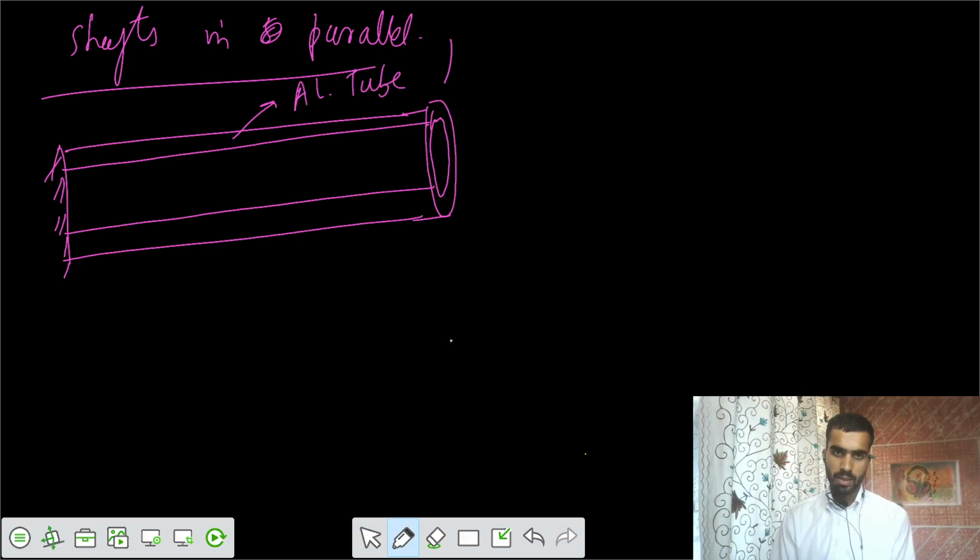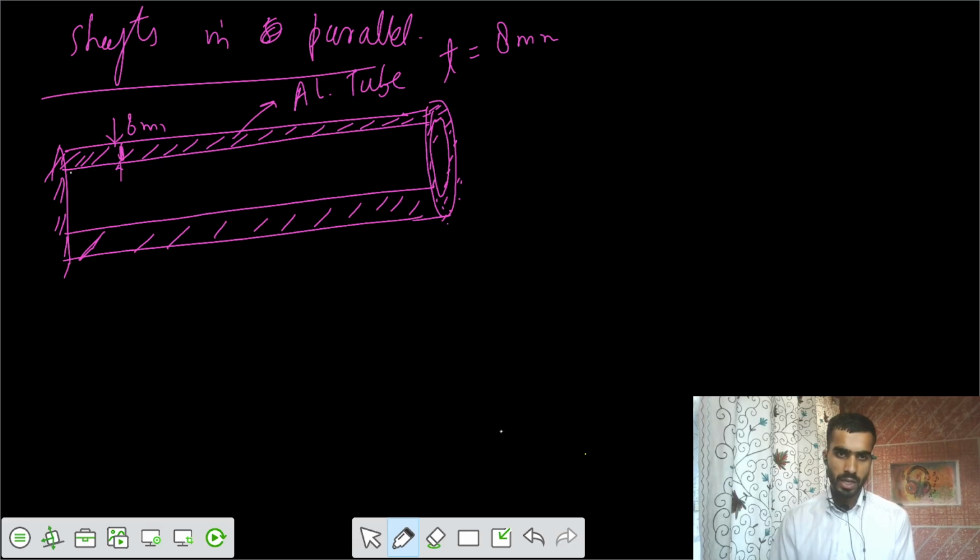So the tube thickness is equal to 8 millimeter. This is 8 millimeter thickness. Let's say this is aluminum. And from the bottom also, this is aluminum. And inside we have kept a steel rod, or we can say steel shaft.